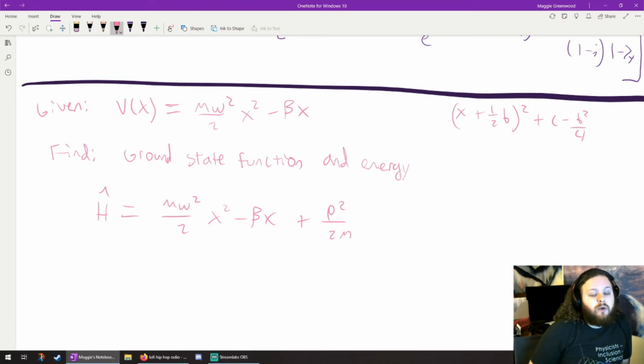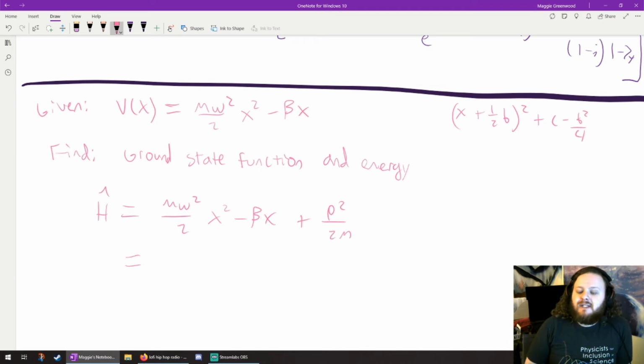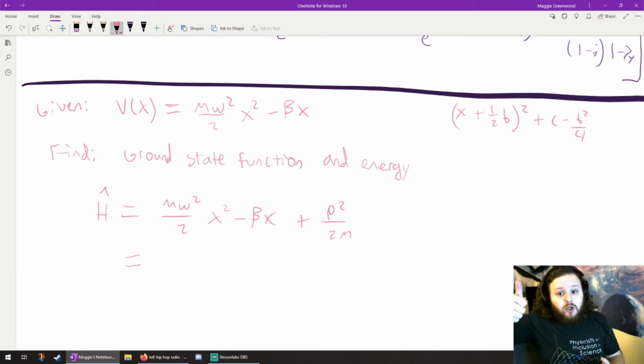And so I'm just going to rewrite this thing, I'm going to complete the square in it. Basically, the reason I want to do that is I want to look at this as if it was still a harmonic oscillator and see what pieces of it change, to see how the ground state wave function and the ground state energy are going to change.